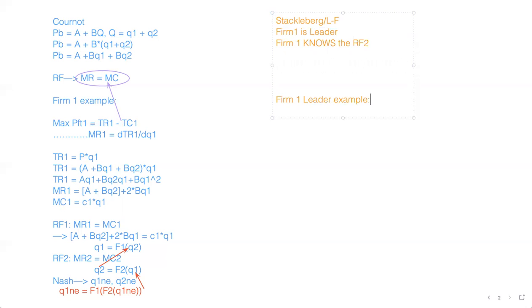I want to be clear about one thing, and that is that the reaction function for firm 2 is constructed exactly the same way you would for the Cournot example.